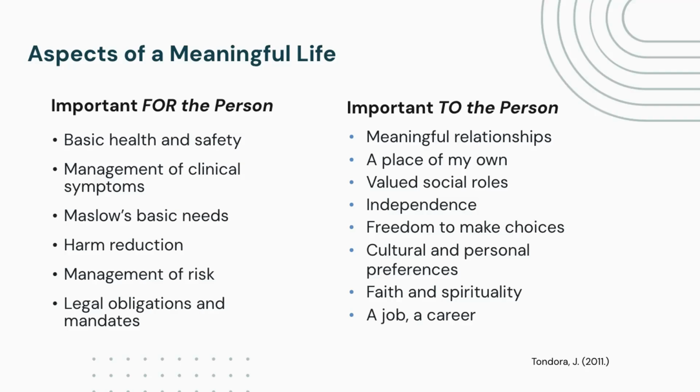Typically, what we find is most motivating to people, even if they believe that something on the left, something like their legal obligations, is important for them, what is more deeply motivating tends to be their independence, their relationships, and the things that we find on the right-hand side under important to the person. In this story, Ebony Flint provides a very clear example of one person's sense of a high quality of life and how she supported her to pursue that.